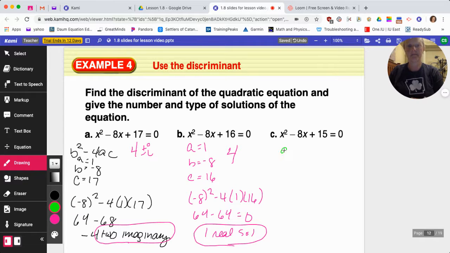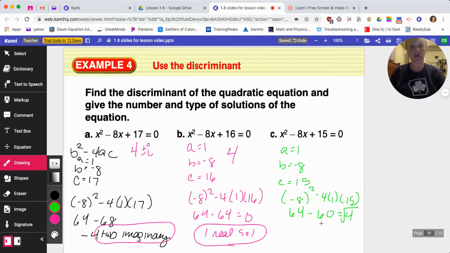And here, A is 1, B is negative 8, C is 15. Guess what the answer is going to be? Negative 8 squared minus 4 times A times C. 64 minus 4 times 15. I should be able to figure out. 60.